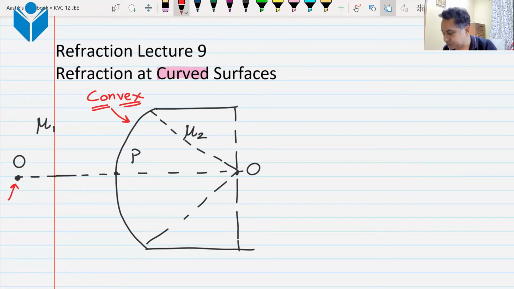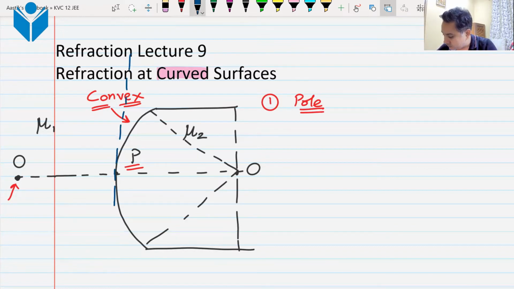Now to understand the sign convention of this, you first have to understand that all the distances are measured from the pole. So you take your pole as the origin.